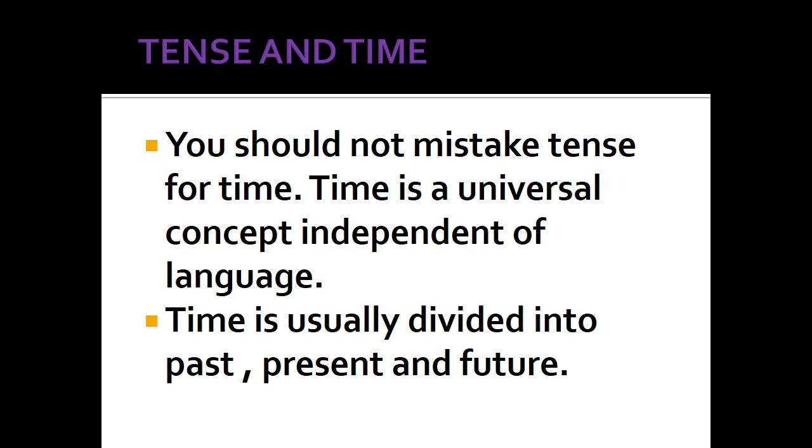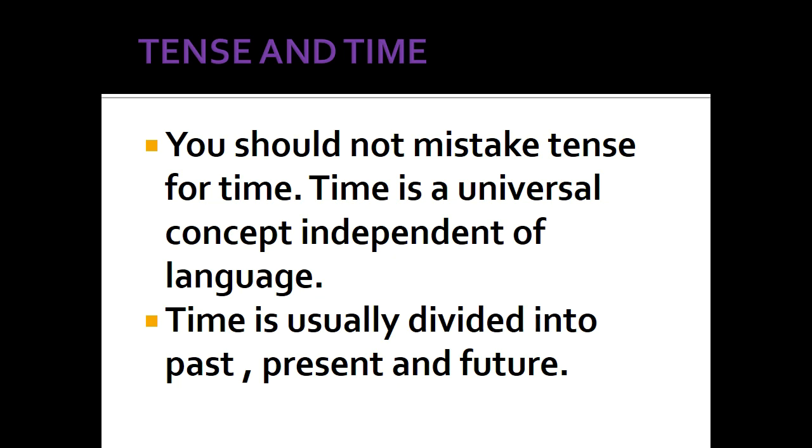Tense and time. You should not mistake tense for time because they are two different things as mentioned earlier. Time is a universal concept independent of language. So when we say something is universal, that means it is known and used worldwide.